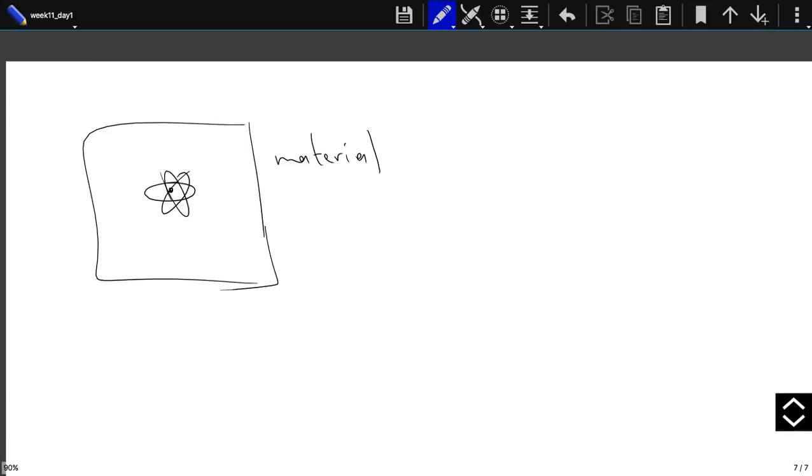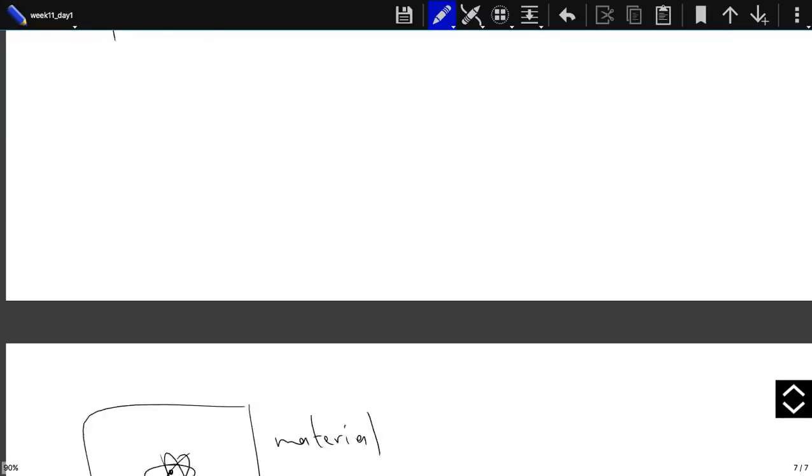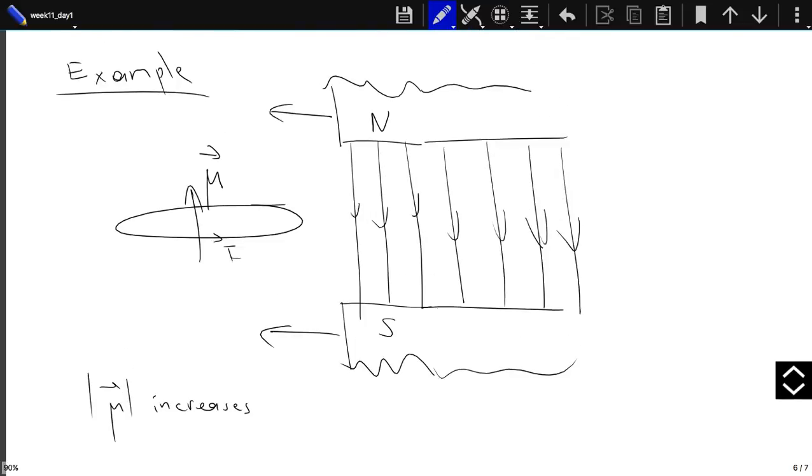Now, the electrons are nothing but, on the average, moving charges. Well, moving charges, on the average, we can treat them as circular currents. Do you agree?